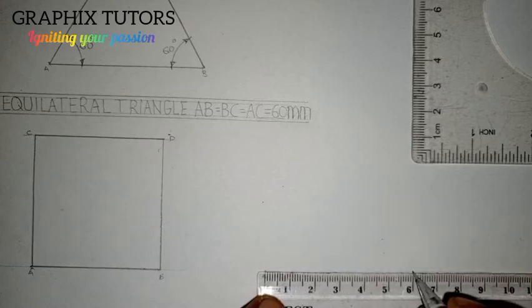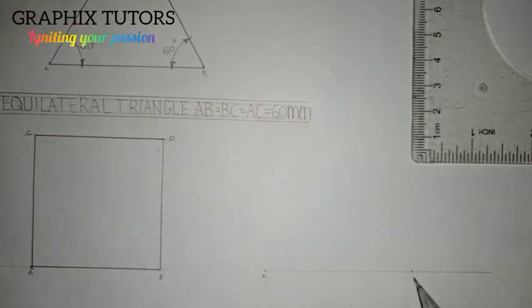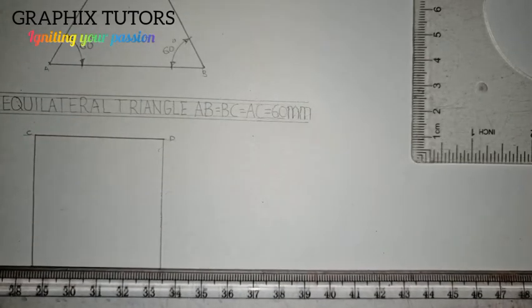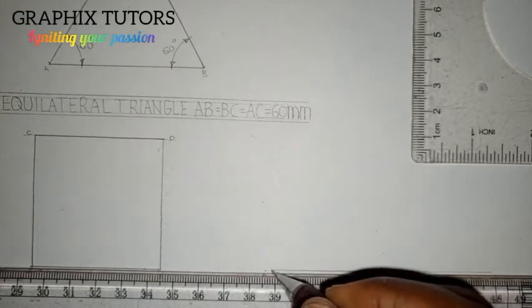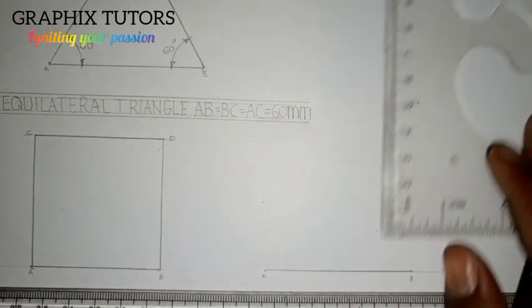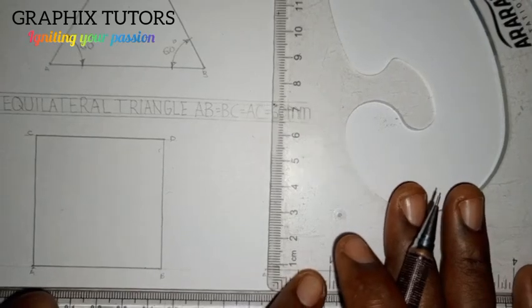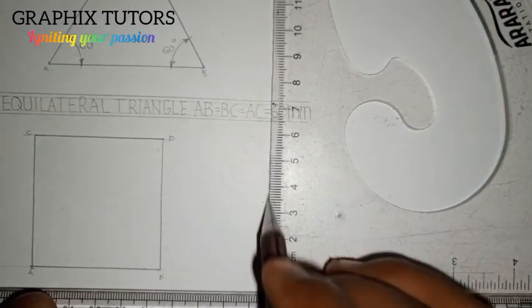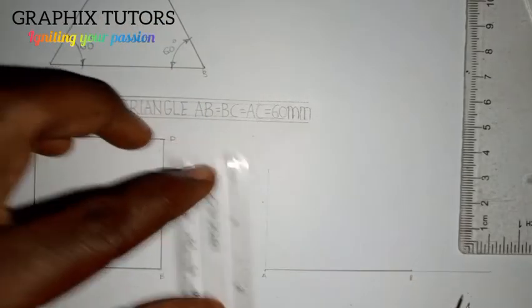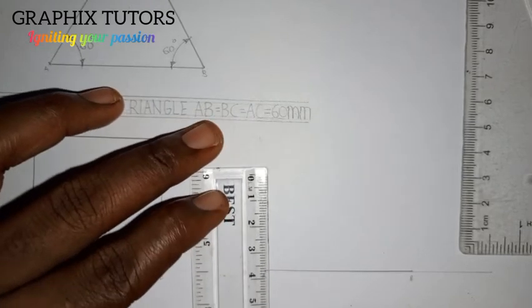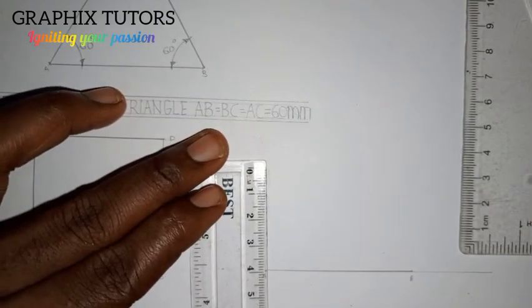Then I draw a vertical line this way, and I assume that the height of my rectangle is 40.